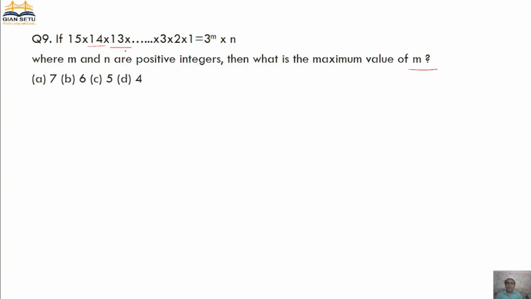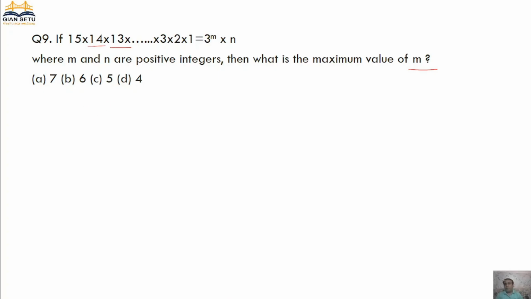Here on the left hand side we have factorial of 15, right? Now we can solve this question by two methods. First is the manual method, that is we can calculate the powers of 3 on the left hand side, okay.